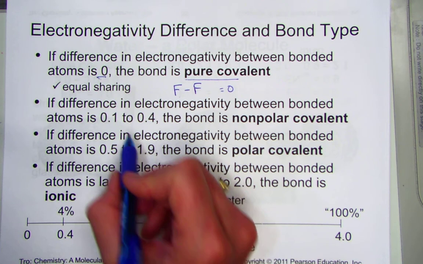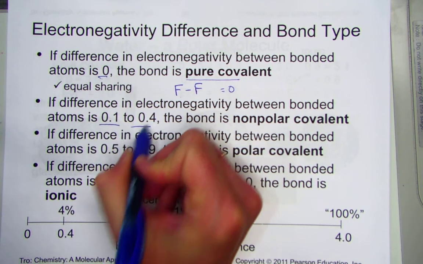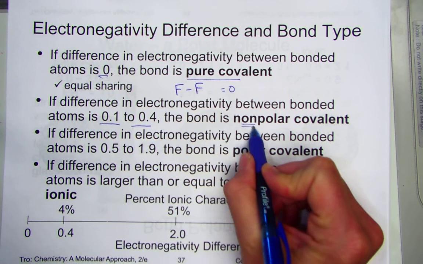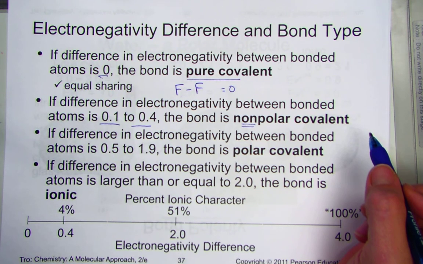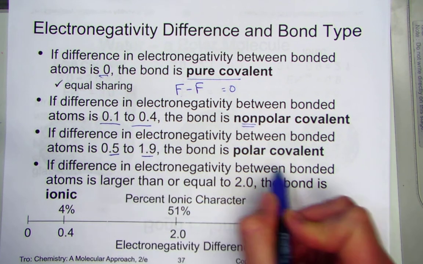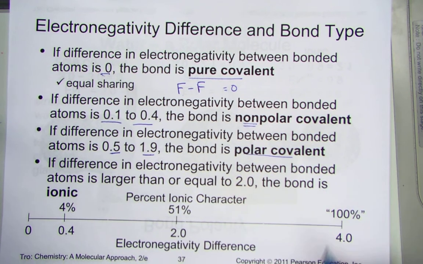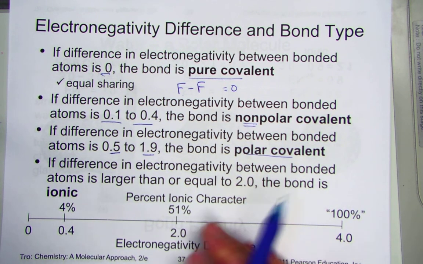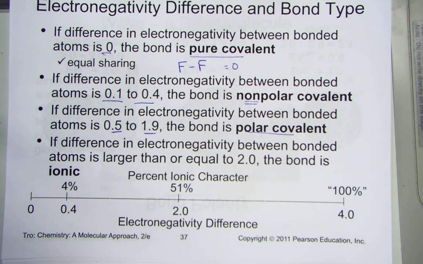If there's a difference that is small, 0.1 to 0.4, we label that non-polar covalent. If we have a difference of 0.5 to 1.9, we have a polar covalent. 2.0 or greater is now classified as ionic, where we have a complete transfer.